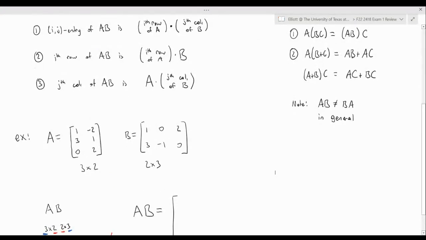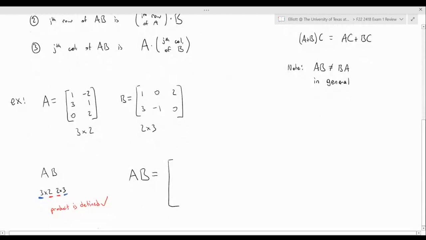What I want to do is take each row of A and multiply it with each column of B. When I do this, we're going to be doing dot products. The first row of A times the first column of B: the dot product would be 1 times 1 plus -2 times 3.